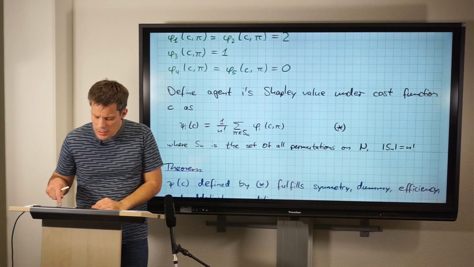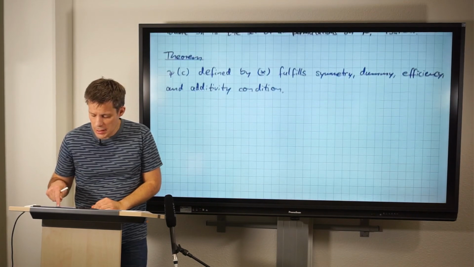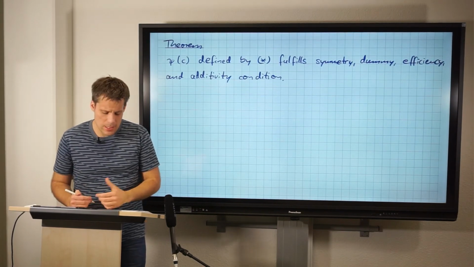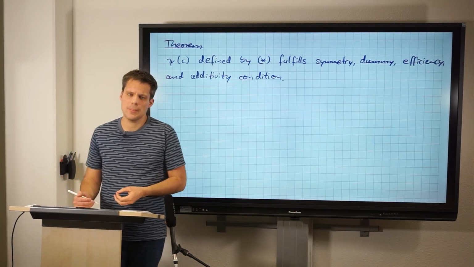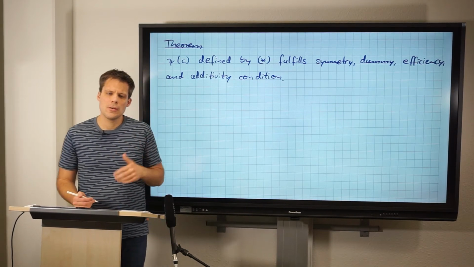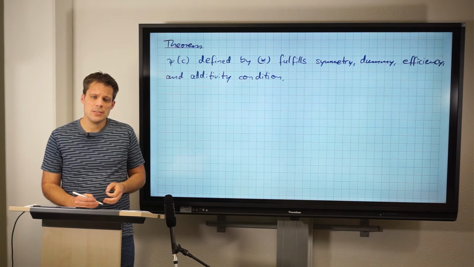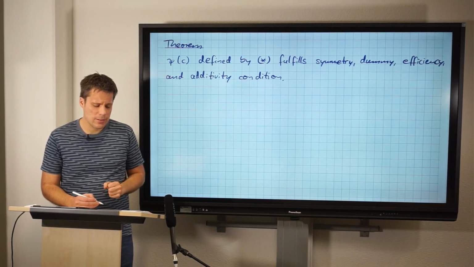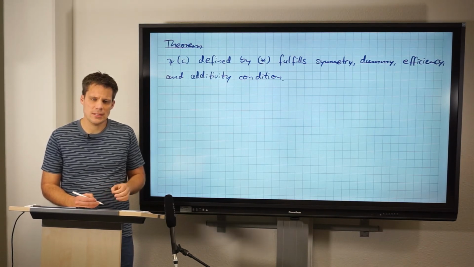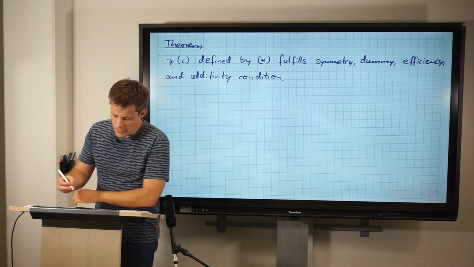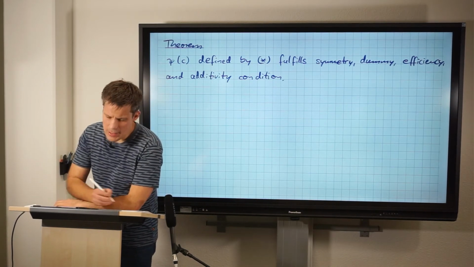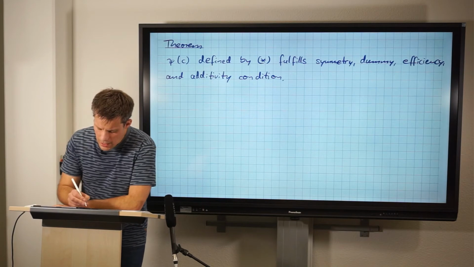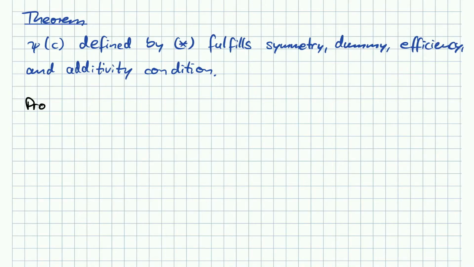A little more interesting is maybe the symmetry condition, because it is not fulfilled by the phi functions. So let's have a closer look at why this is now suddenly fulfilled. And of course, the reason is that we are taking the average over all permutations.